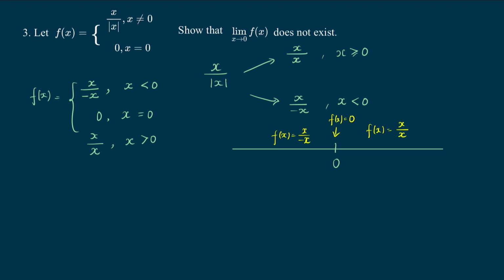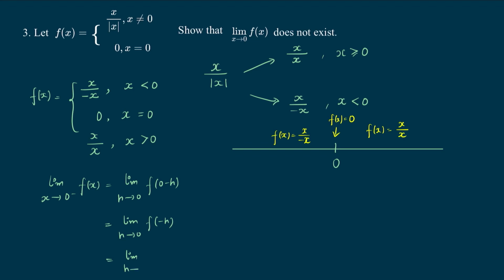Okay, now let us start finding the left hand limit. Limit x tends to 0 minus f(x) equals limit h tends to 0 f(0 minus h). This will equal f of 0 minus h means minus h, and since we were approaching 0 from the left hand side, we have the function x over minus x.